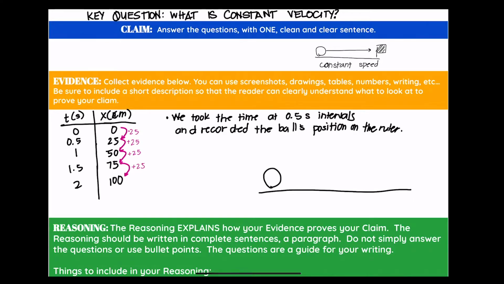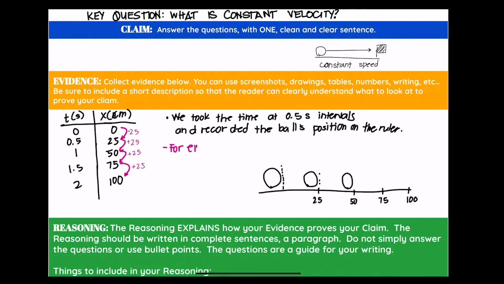We looked at the front of the bowling ball, and at every time we hit 0.5 seconds, and at 1 second, and then at 1.5, and then at 2, the bowling ball's front happened to be at 25, 50, 75, and 100.